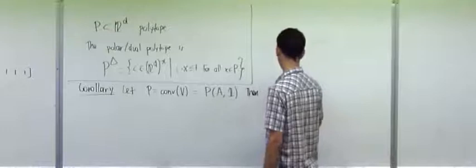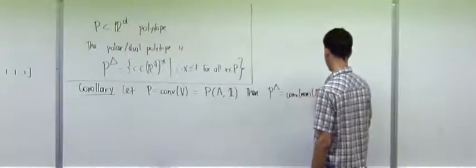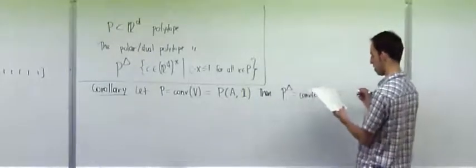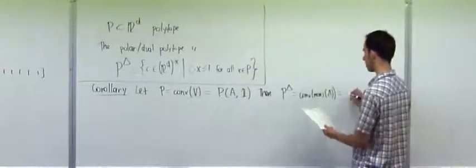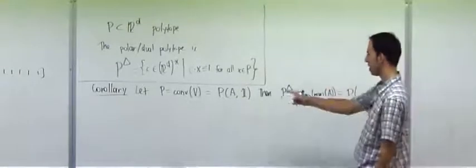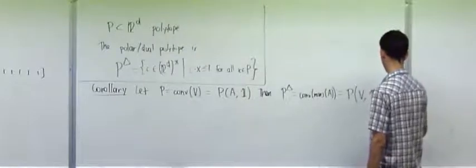And so then the dual polytope is given by the convex hull of the rows of A, and it's given by, let's say, P(V, 1).